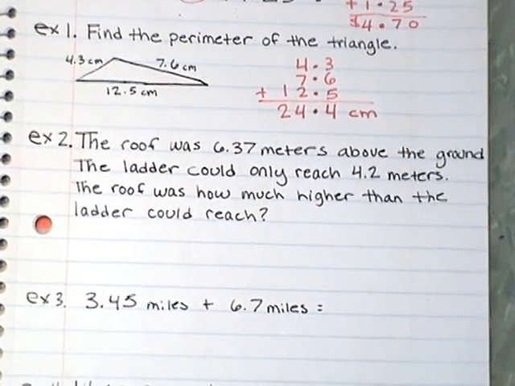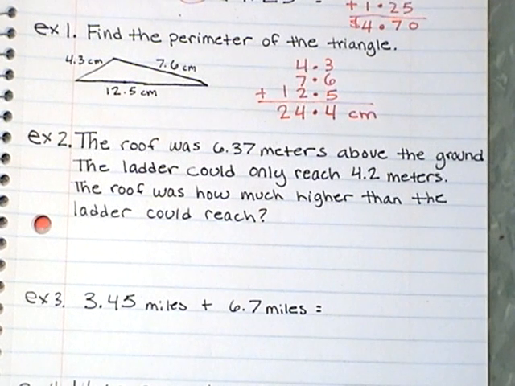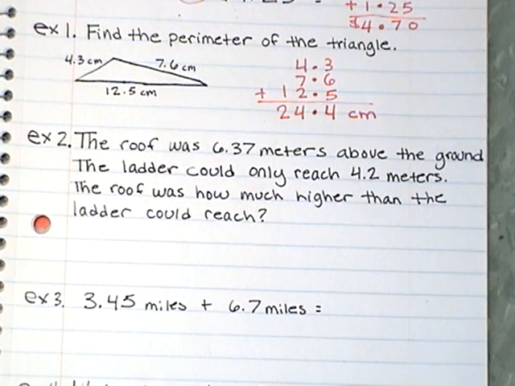The roof was 6 37/100 meters above the ground, and the ladder could only reach up 4.2, or 4 2/10 meters. The roof was how much higher than the ladder could reach? See if you can figure out what the problem is going to look like when we write it down.